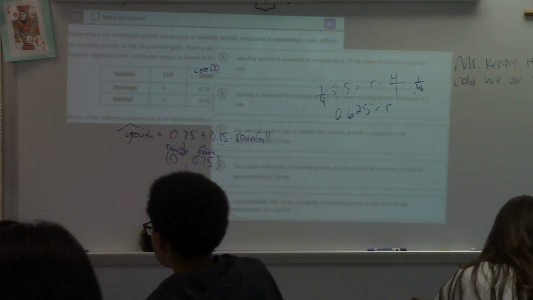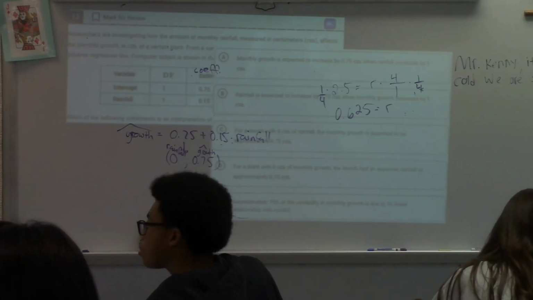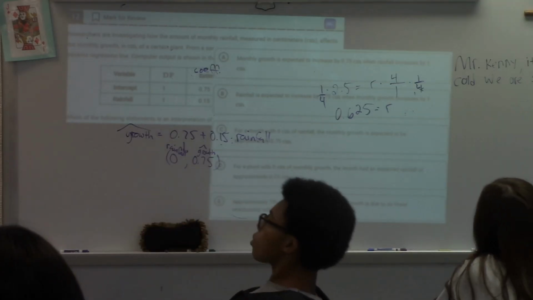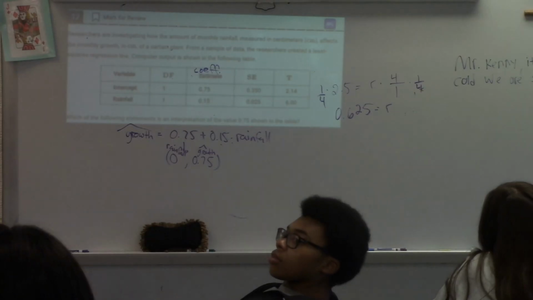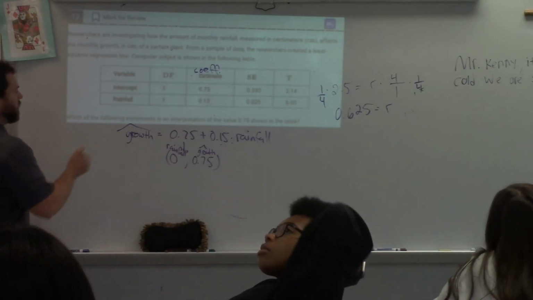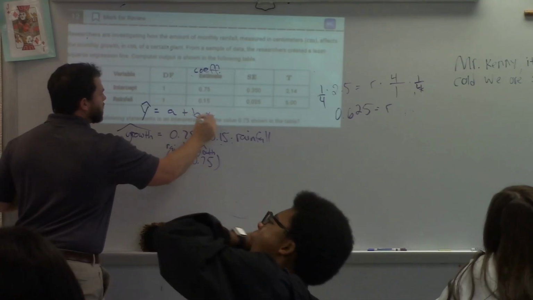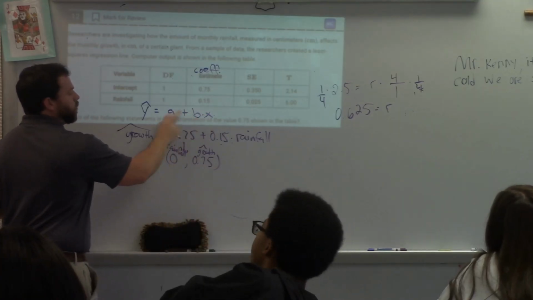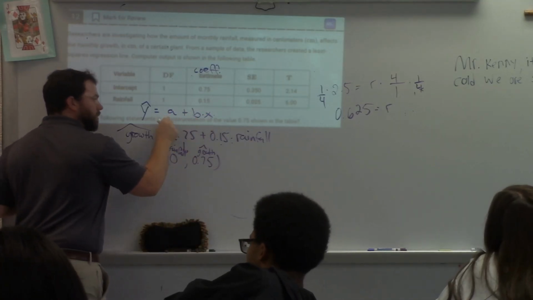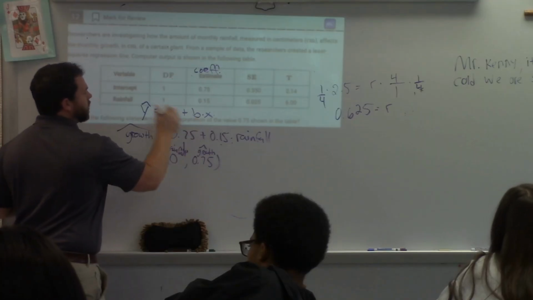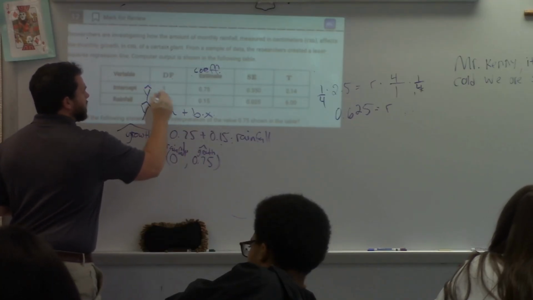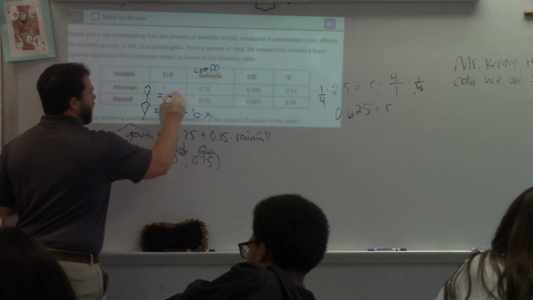Madeline: Why is the estimate the coefficient? So the reason why it's an estimate is when we say y hat equals a plus bx, those are actually statistics. The estimated y-intercept and the estimated slope are estimates of the parameters.